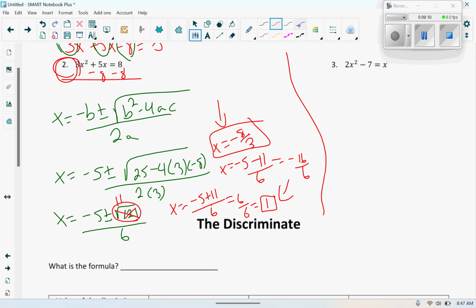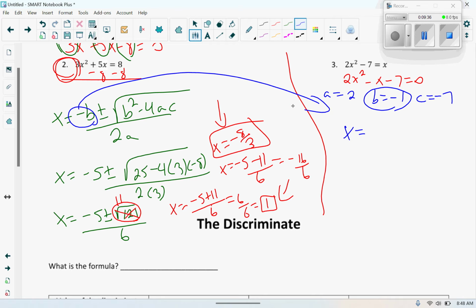Okay, finally, number 3. I'm going to move that x over and put it in standard form. So 2x squared minus x minus 7 is equal to 0. So I have A is equal to 2, B is equal to negative 1, and C is equal to negative 7. So x is equal to negative B. So I'm going to look at this right here.